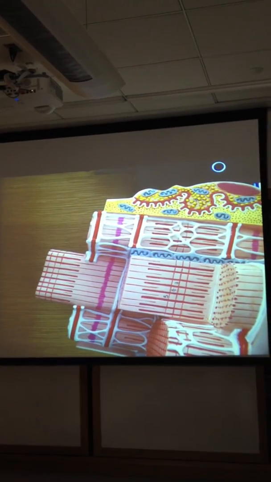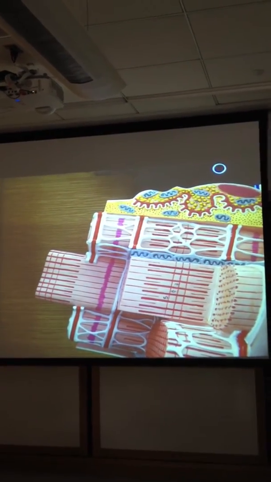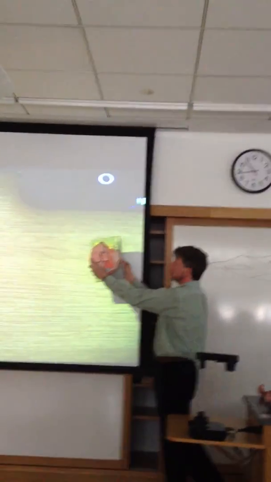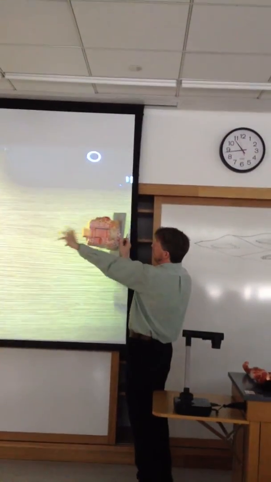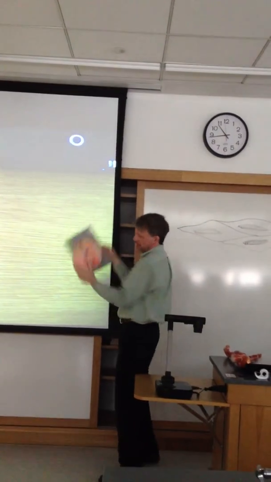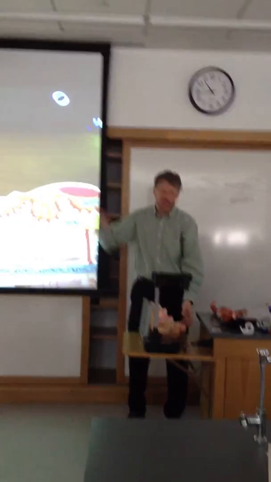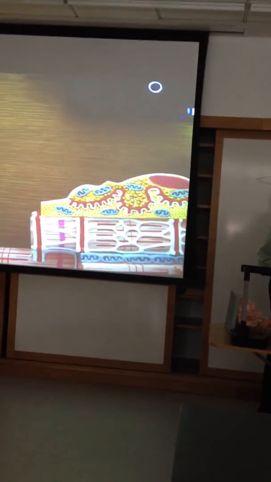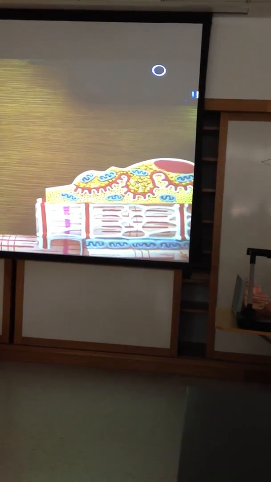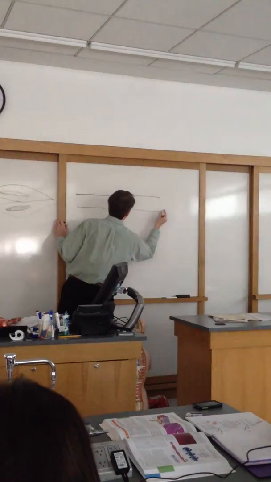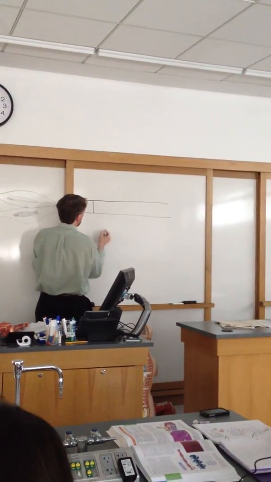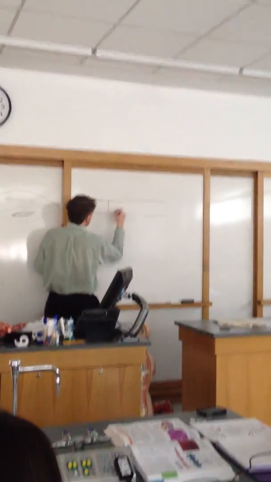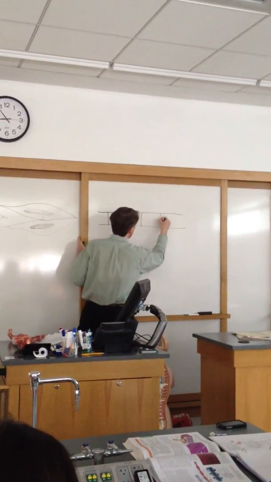One thing I want to mention about sarcomeres is if you take a myofibril, in other words, if you take one of these and you look at it sideways, you see repeating segments that are called sarcomeres. So if you look at one myofibril from the side, you're going to see things that repeat all the way down the length of it.